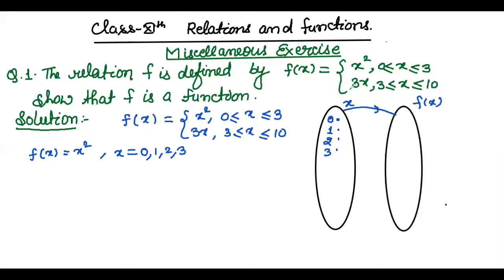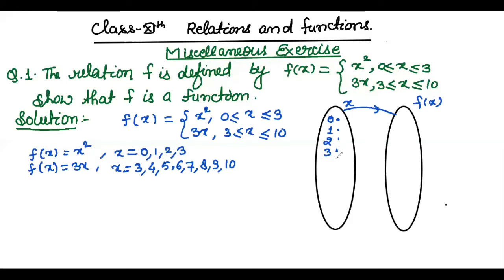And second is f(x) equals 3x when x is greater than or equal to 3 and less than or equal to 10. So f(x) equals 3x when x equals 3, 4, 5, 6, 7, 8, 9 and 10. So 3 is repeating in both the conditions.